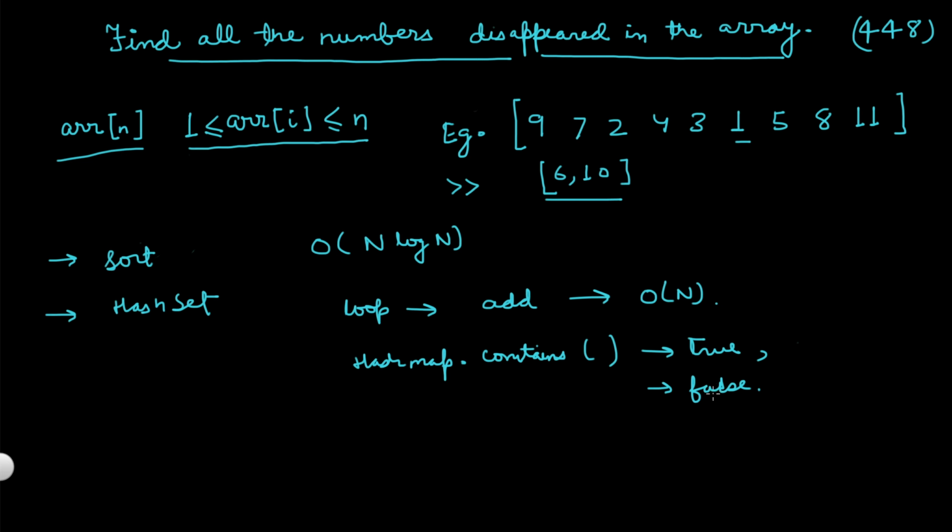So what does that mean? If that element is not present, then that will be our potential answer, so we will simply add it to our list. We'll have a list of integers initialized for our result, and then we will simply call result dot add with the elements which are not present. So this is my hash set approach.